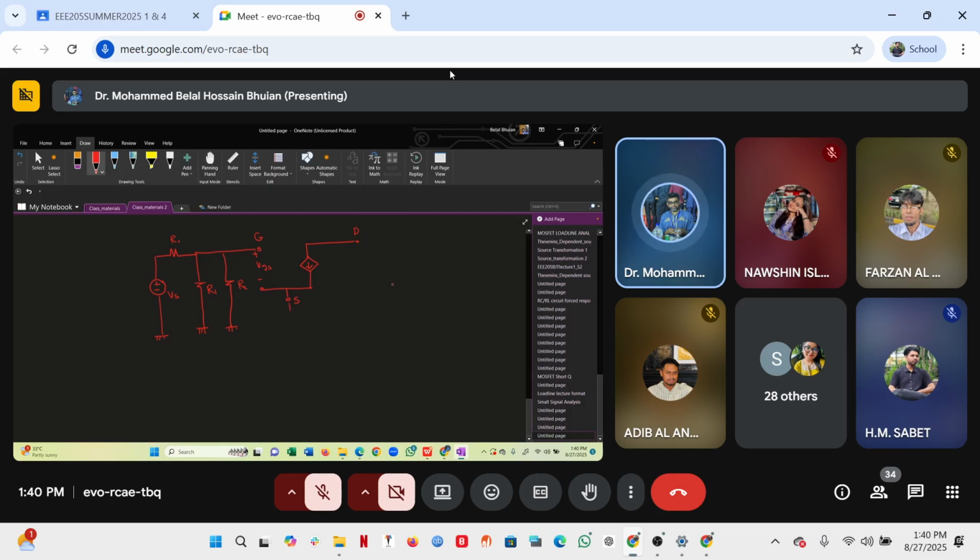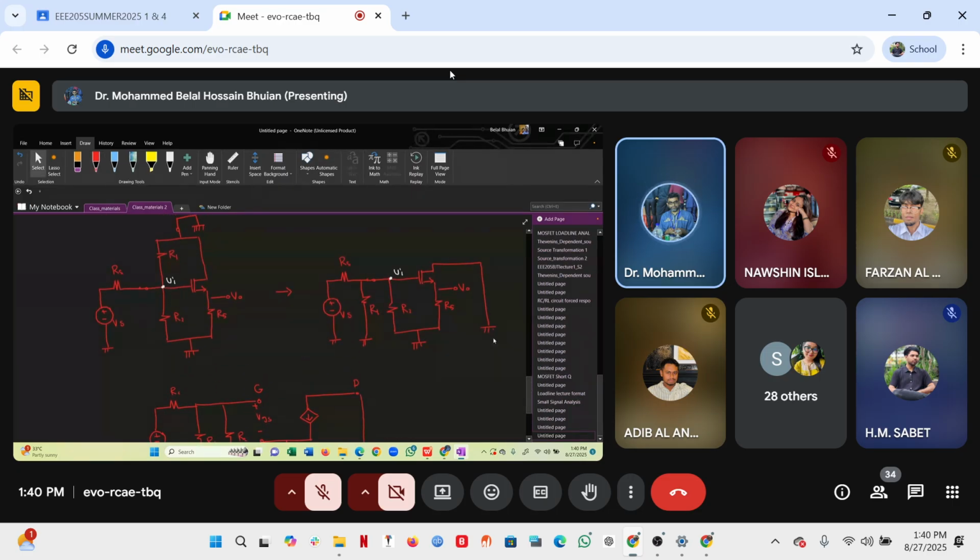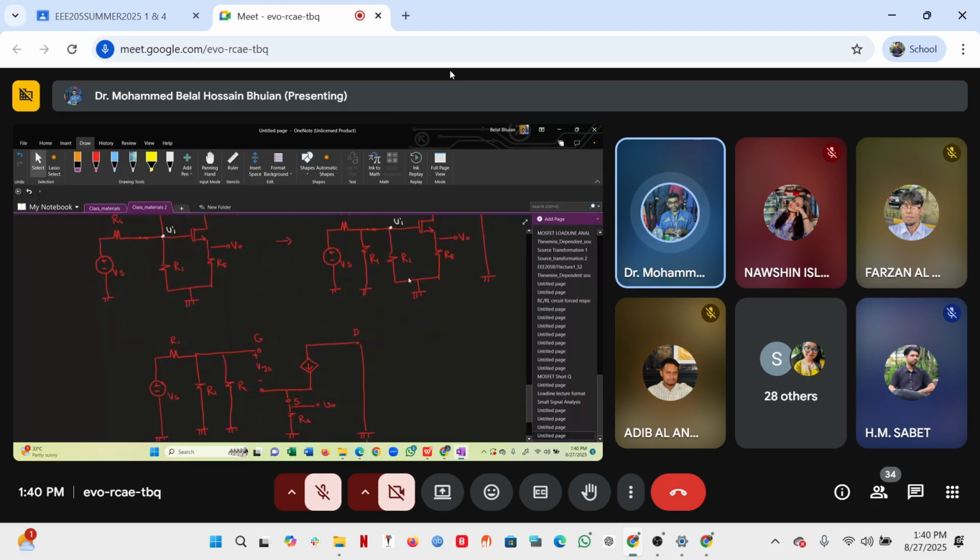At the source we have the RS resistance connected, and we take output from here. The drain terminal is connected to the ground. Then as usual, we have to determine VI, V naught, and the current ID.